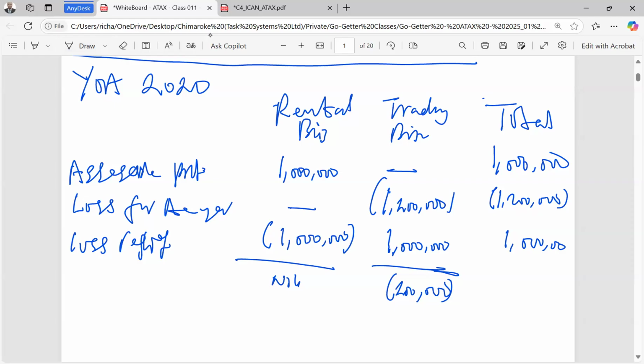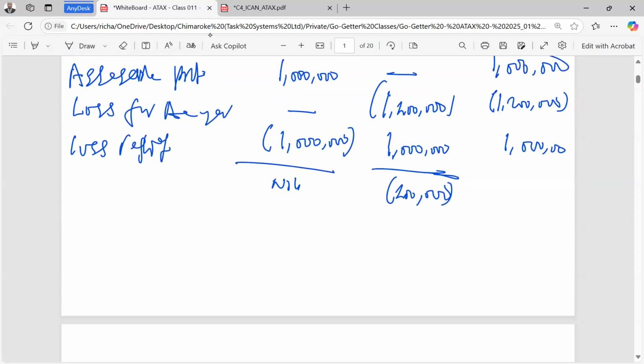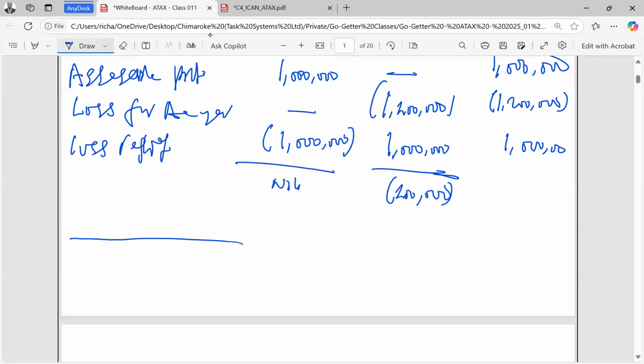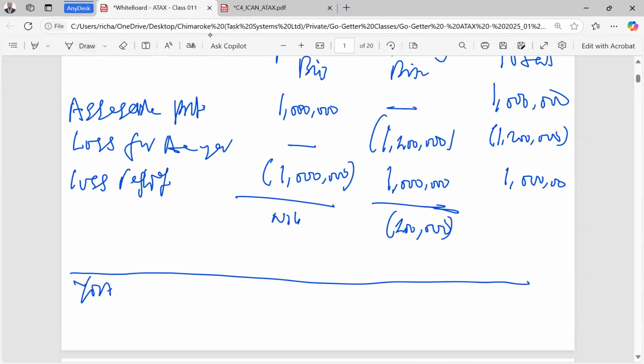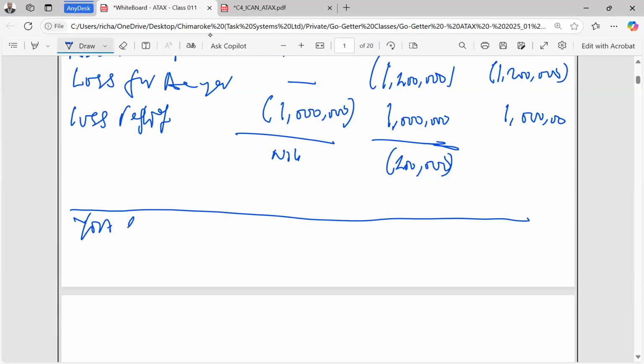Now we go to the next year of assessment. What was this year? 2020. So this is 2021. You now have assessable profits. Let's say you have 500 here and dash here.